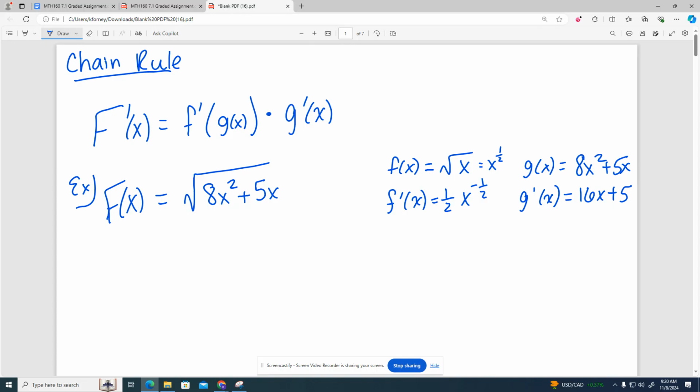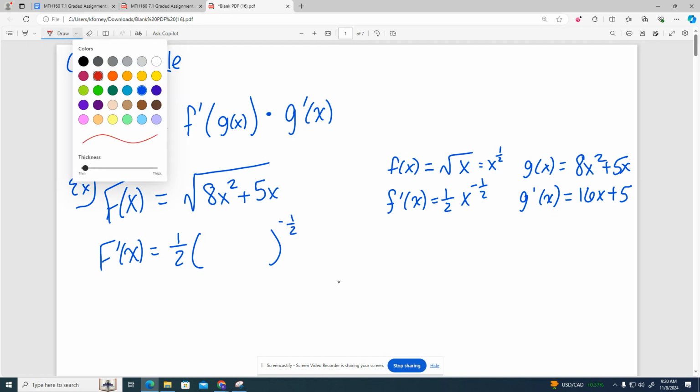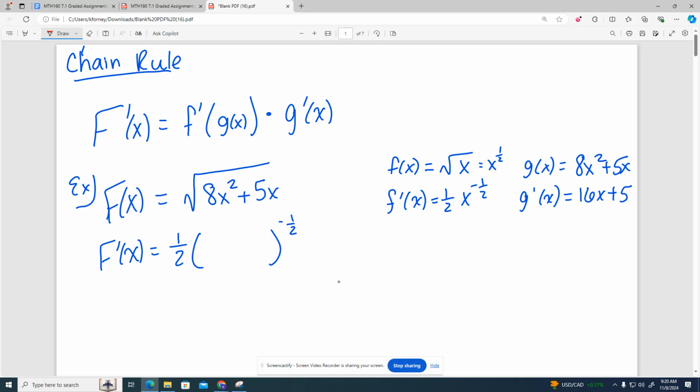So when I'm finding the derivative, I take the derivative of f and put parentheses where the x is. And then inside of the parentheses, I put the g of x, so that is 8x squared plus 5x.